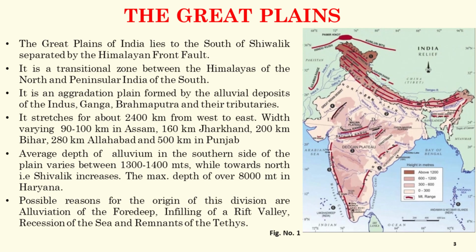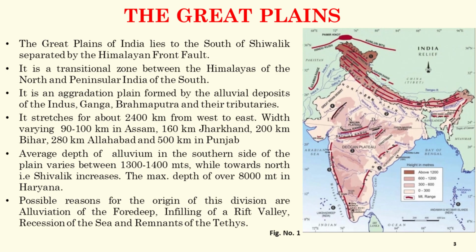The average depth of alluvium in the southern side of the plain varies from 1300 to 1400 meters, while towards the north, that is Shivalik, it increases. A maximum depth of over 8000 meters in the Haryana region can be seen.